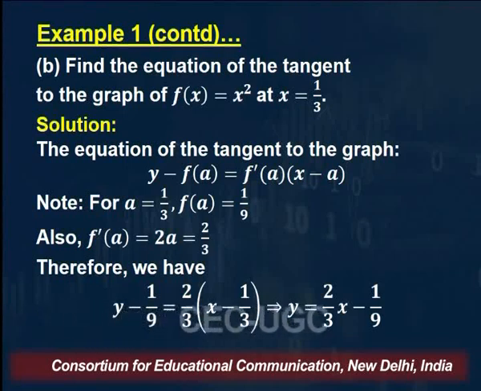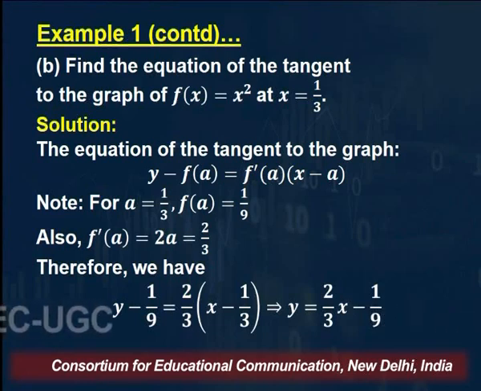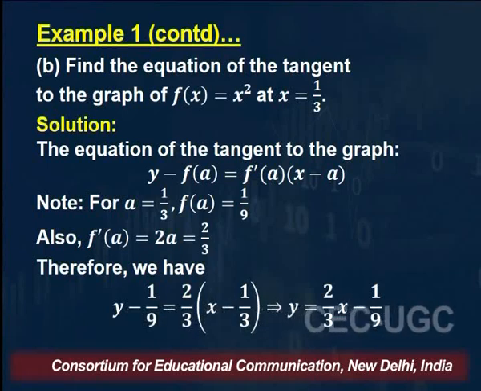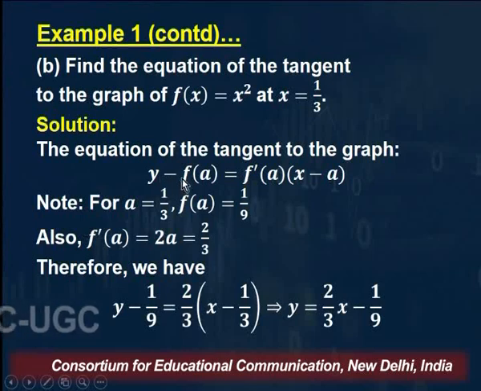Now, you all know that the tangent line is a straight line, and the equation for a straight line is given by, let's suppose we have the slope point form, y minus y1 is equal to the slope of the line times x minus x1. Now, what is our x point here? Let me just show it to you on the slide.